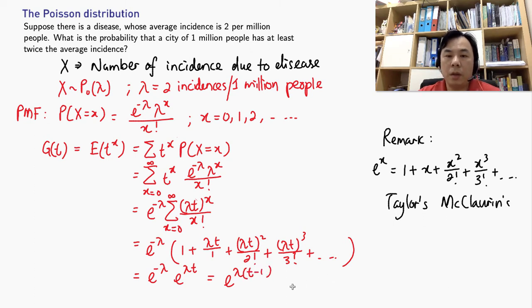Okay, and then there you have it. This is the general formula for probability generating functions that represent Poisson distributions with the average value per certain unit quantity lambda. All right, so I hope that is clear for Poisson distribution. Now next we're going to move on to the next section shortly.